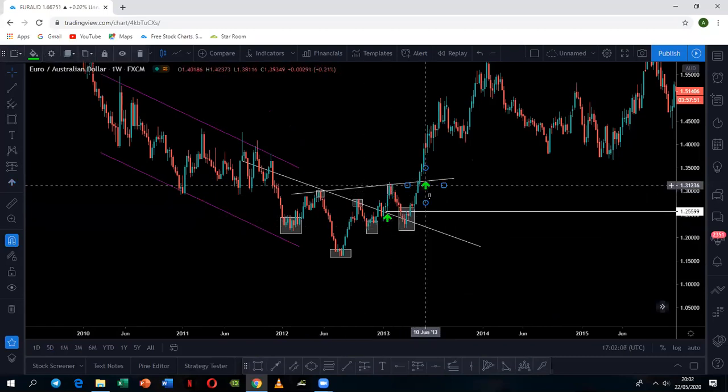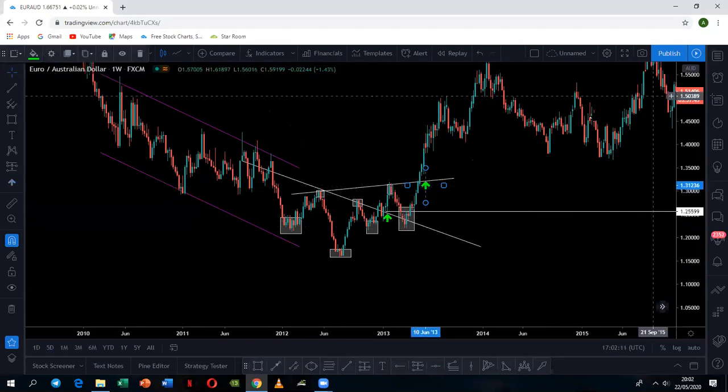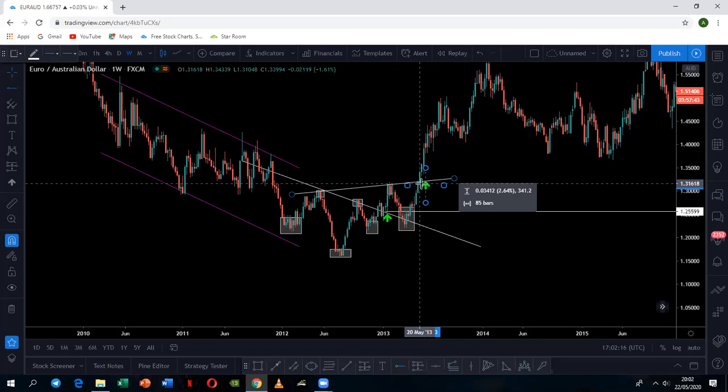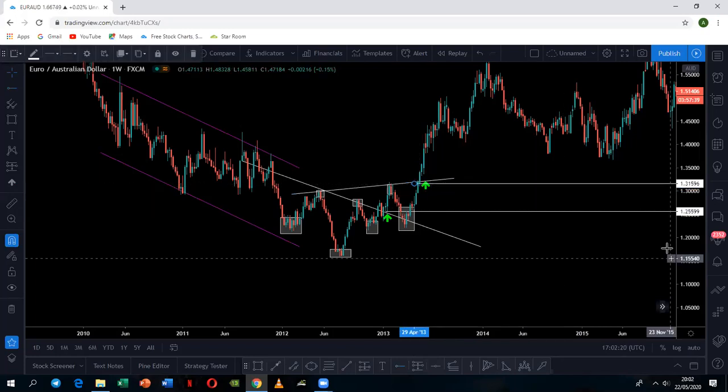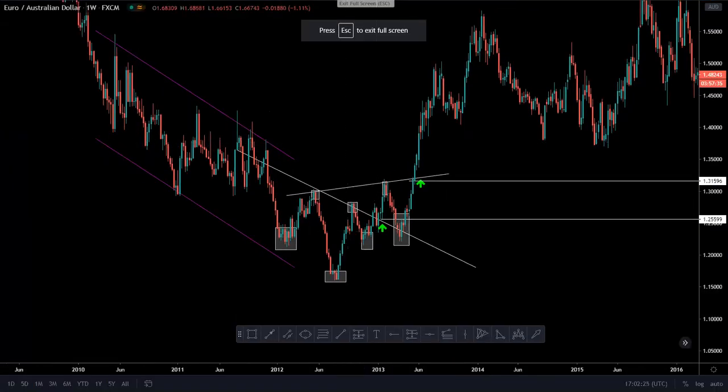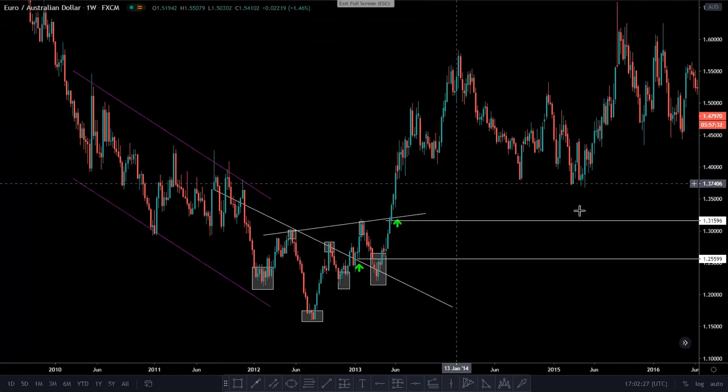So you enter from here, and this will be your buy point. So even if you came in late, you would still make some good money. So you would buy from the price 0.3159.